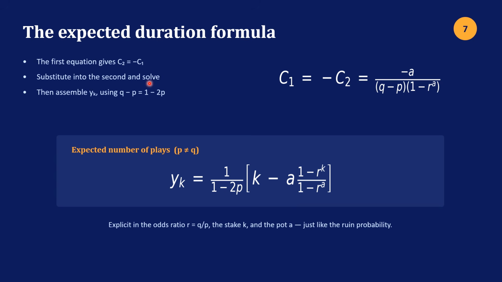Then we substitute that into the second equation and solve, and then assemble the solution y sub k once we have our two solutions for C sub 1 and C sub 2. So we plug that all in, and our expected number of plays for P not equal to Q is given by this equation here.